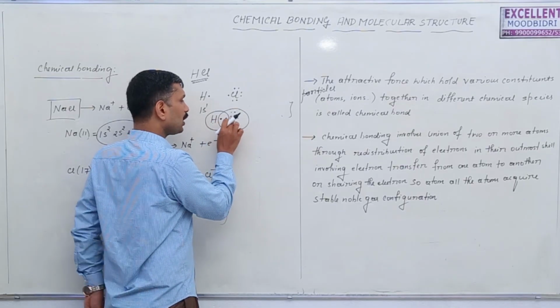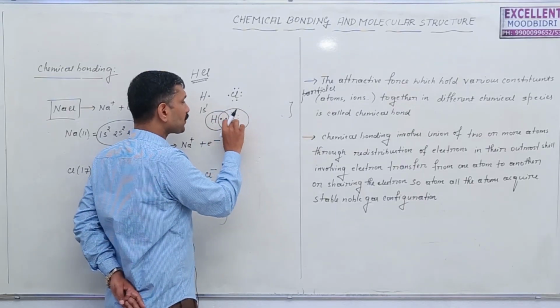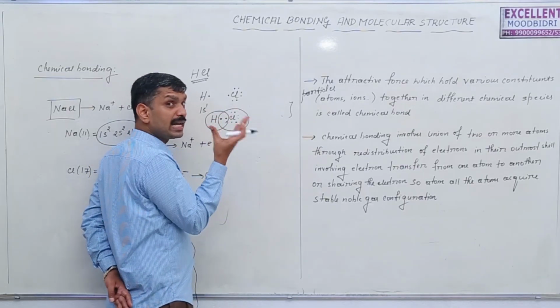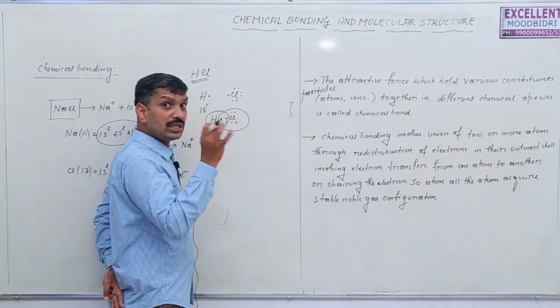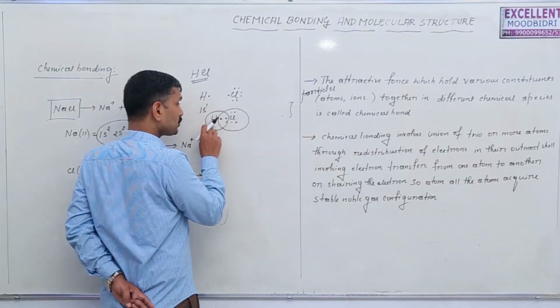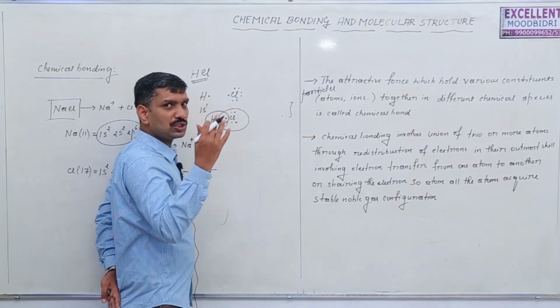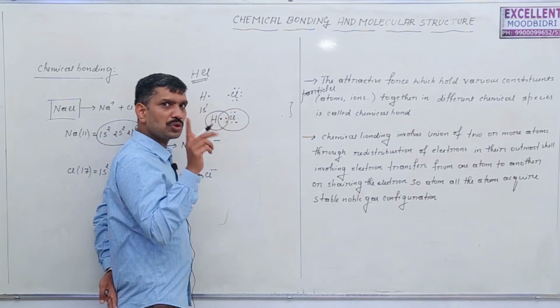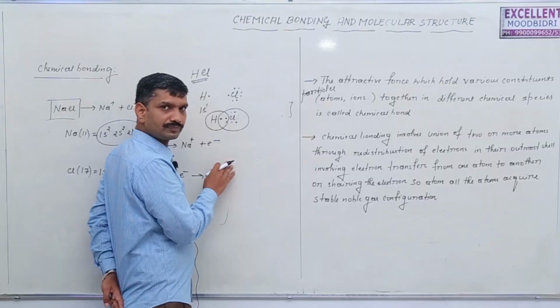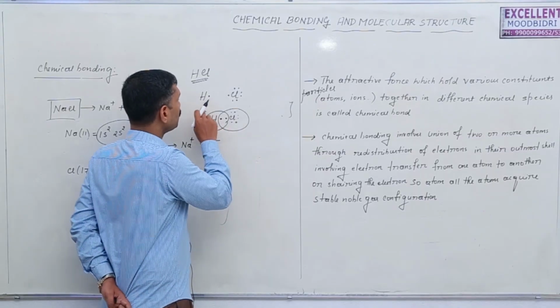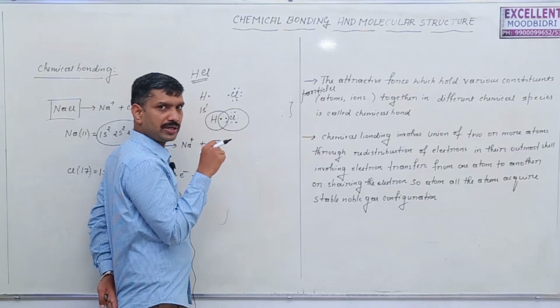Suppose these two electrons belong to chlorine, then the number of electrons around chlorine is 8, an octet or stable configuration. If these two electrons belong to hydrogen, it attains the stable 1s2, because the maximum capacity of hydrogen is only 2. Yes, stable, because it has only one shell and 2 electrons can be accommodated.